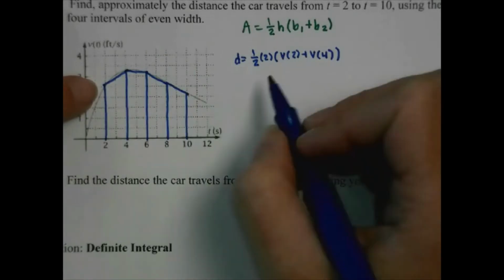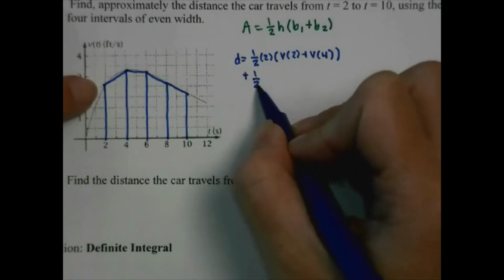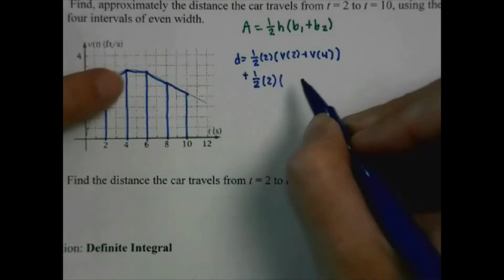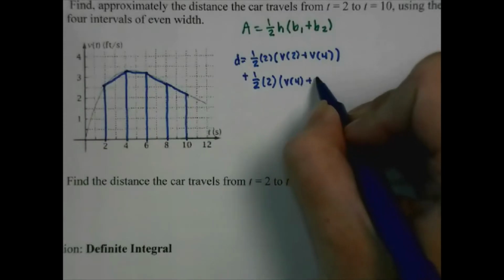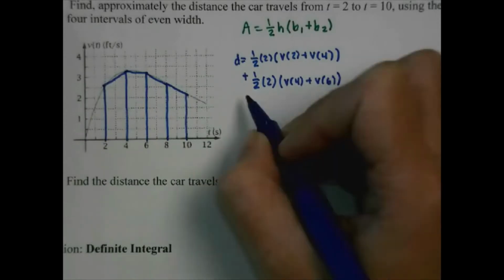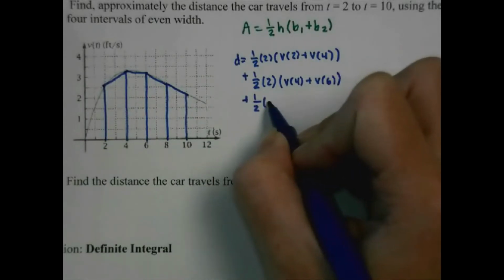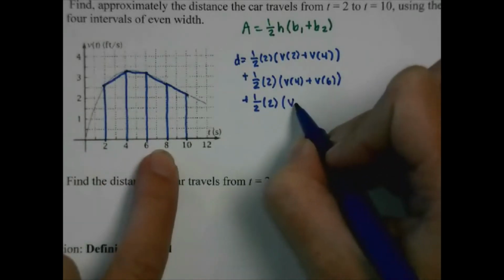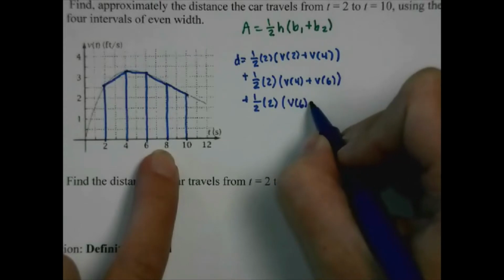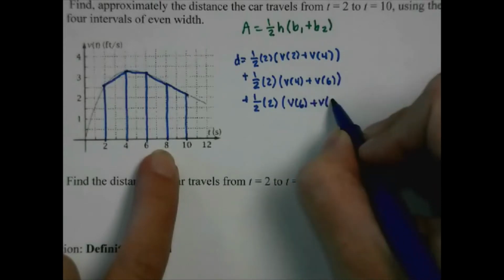I'm just going to work vertically just so you can see them all. So we're going to have 1/2 times 2. The next one from 4 to 6 is going to be v of 4 plus v of 6. Next one, 1/2 times 2. We're in this trapezoid now, so v evaluated at 6 plus v evaluated at 8.